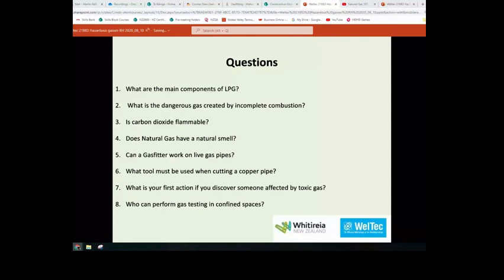First correct answer for this one. What are the main components of LPG? So what are the two gases that make up LPG? Please type them into the chat.